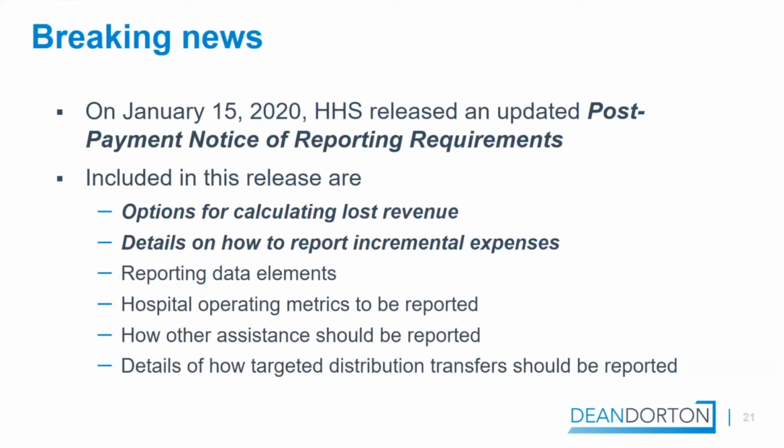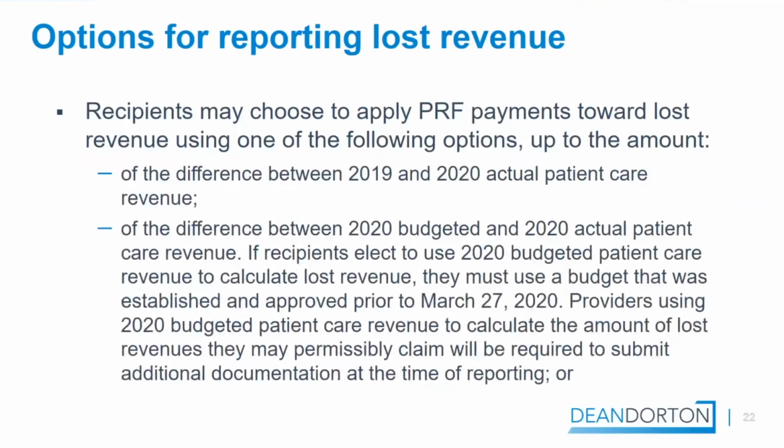The next is reporting data elements and hospital operating metrics to be reported, how other assistance should be reported, and other assistance are things like FEMA money that you received, Paycheck Protection Program loans that you may have received, and there's a list of many other things within the guidance that we can get to you if you need it. And then also details on how targeted distribution transfers should be reported and who's responsible for those reporting requirements if you transfer distributions within your health system. I'm going to start with lost revenue because most people have been focusing on that component of it.